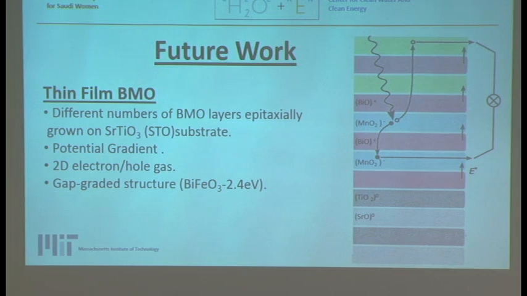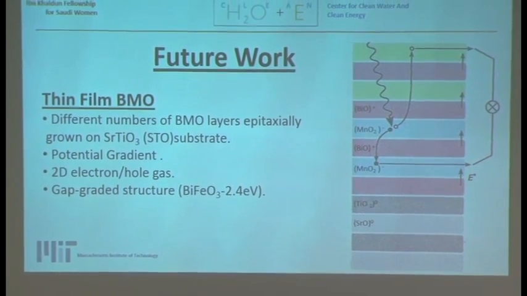The next step is to run the calculation for the thin film. We will study the structure of BMO films composed of different numbers of layers epitaxially grown on the SrTiO3 substrate. We will compute the free energy of the heterostructure as a function of the interface layer stacking and the termination of the surface to find the most stable structure.